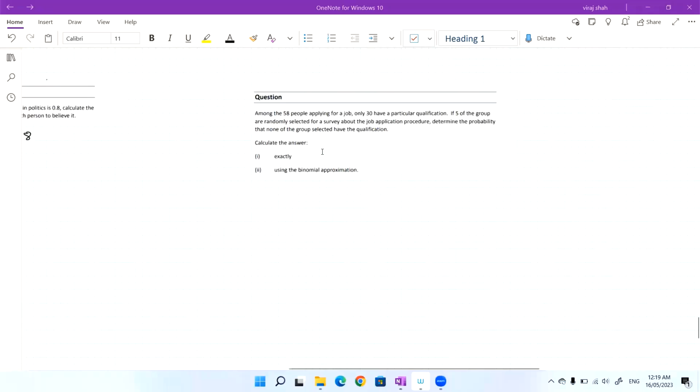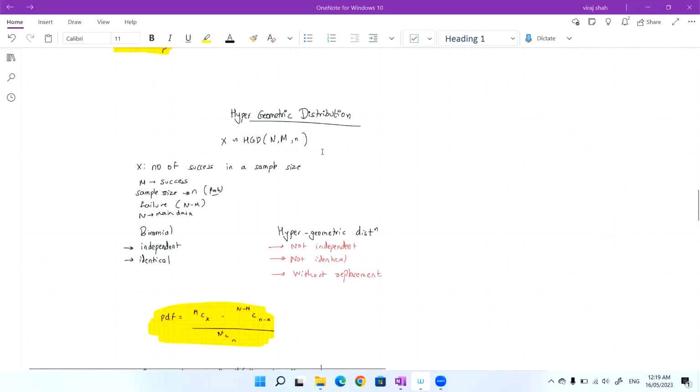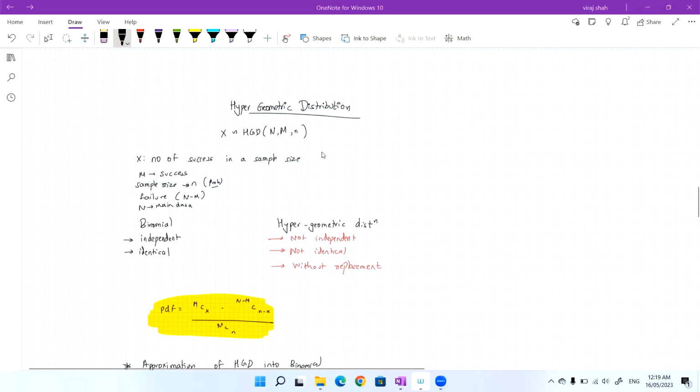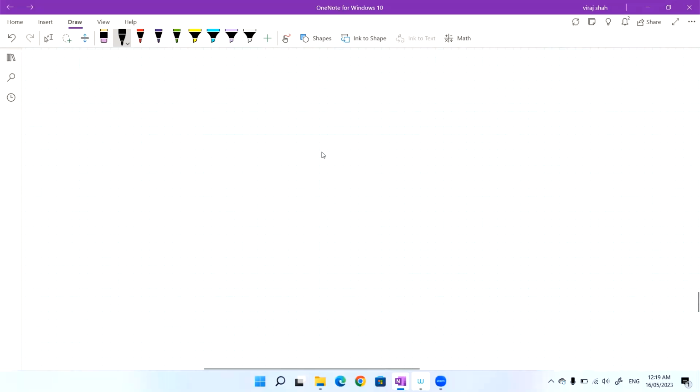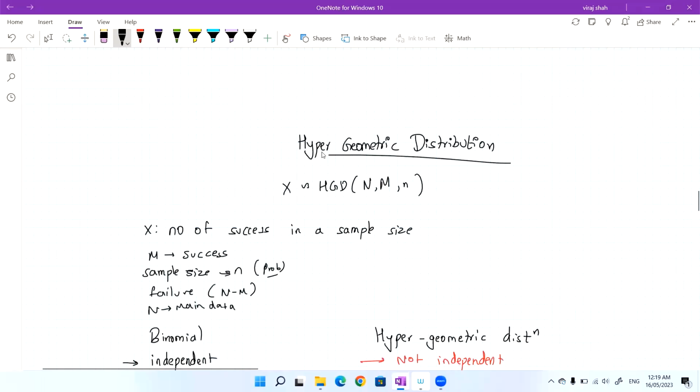So let's do our last sum, which is related to the hypergeometric distribution. We'll understand what each factor basically indicates and how we calculate it. Before starting, let me do a quick recap. X is the number of successes in a sample size. M is the number of successes in your main data, that is, the main data on which you will be making your analysis.